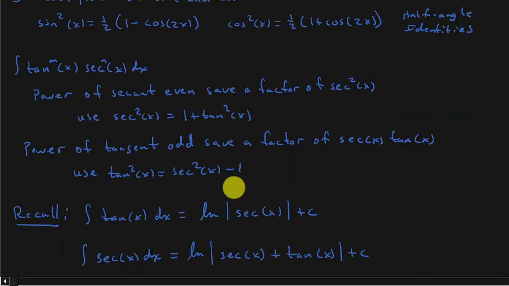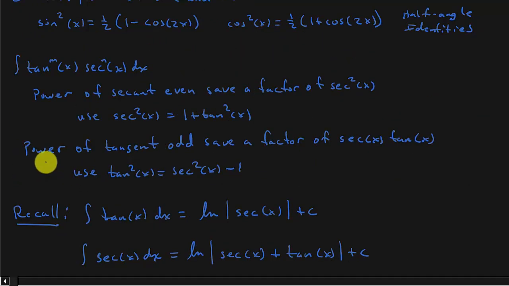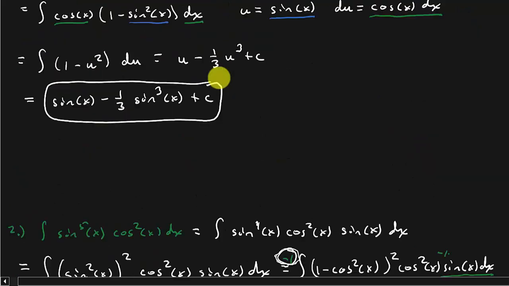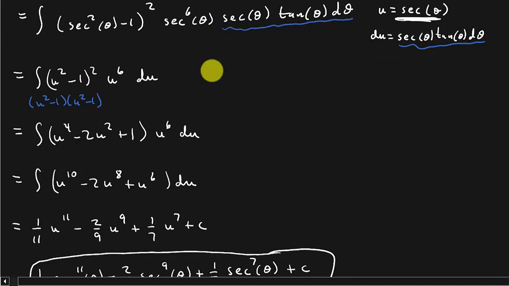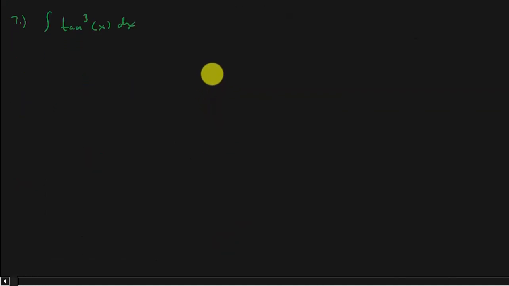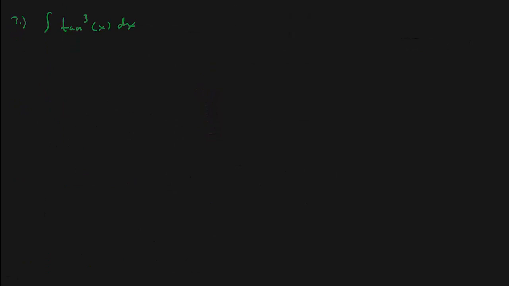What does it say? Power of tangent odd, save a factor of secant tangent. Well, the problem here is I don't have a secant. I don't have a factor of secant, do I?